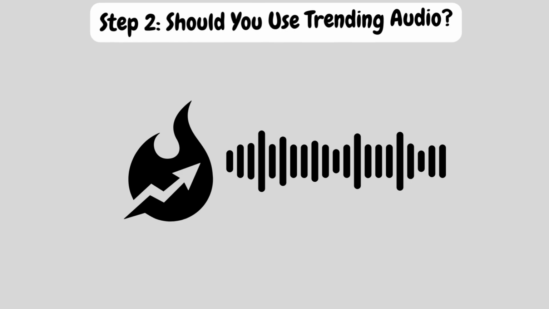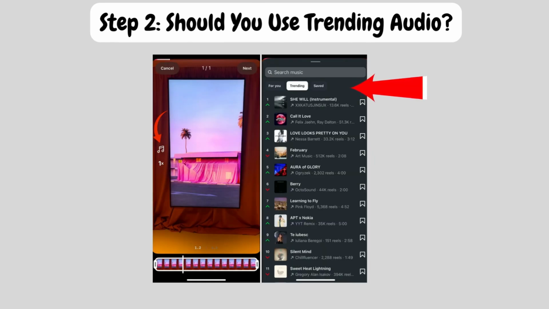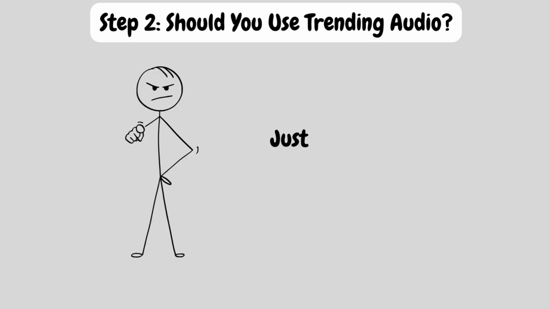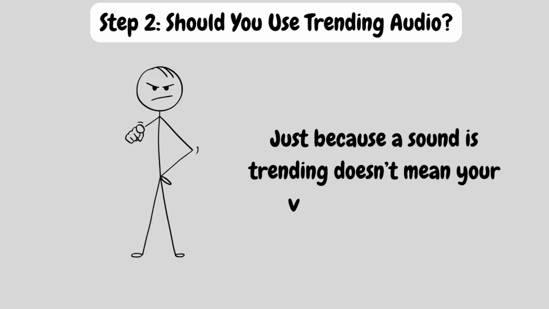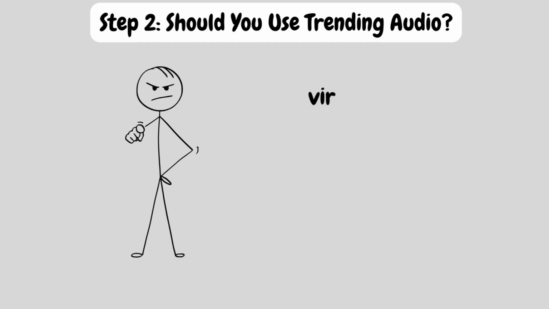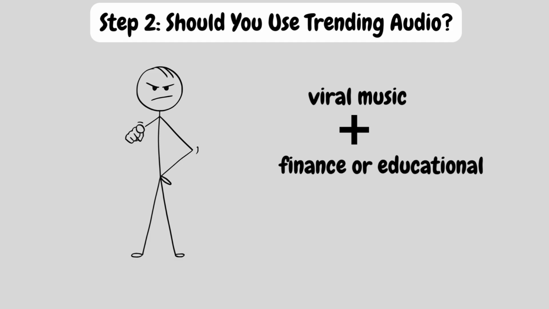Step 2. Should you use trending audio? This is where most creators make a mistake. Using trending audio does not guarantee virality. Let me repeat that. Just because a sound is trending doesn't mean your video will blow up. If trending rap music is viral, and you're making finance or educational content, and you force that audio into your short, your retention will drop.